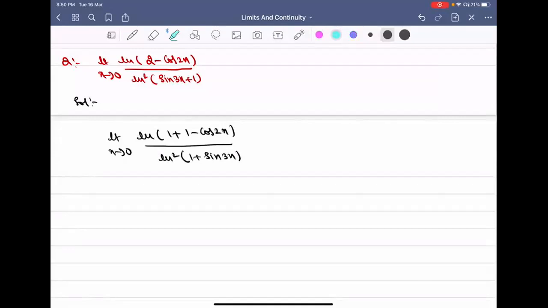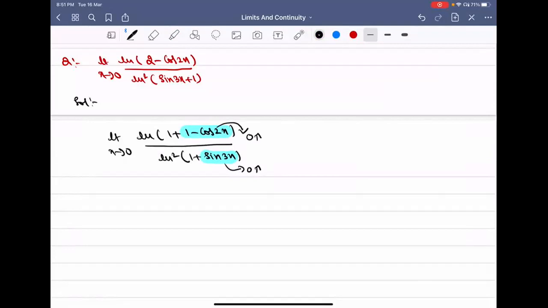If you observe this one, 1 minus cos 2x and sin 3x: as x tends to 0, 1 minus cos 2x tends to 0, because cos 0 is 1, and sin 3x also tends to 0. So you can use infinitesimals here.